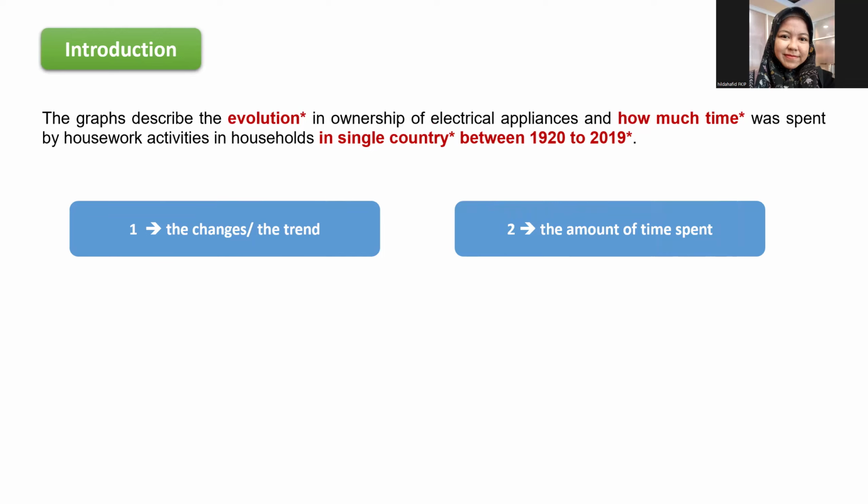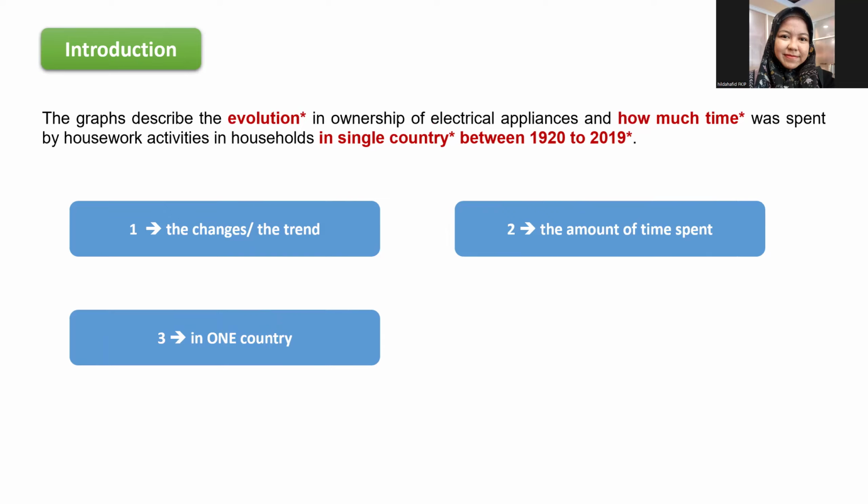Or the amount of time used. But naturally, when related to time, we should say spent. Yeah, the amount of time spent doing housework activities or doing housework in households, and then in single country.